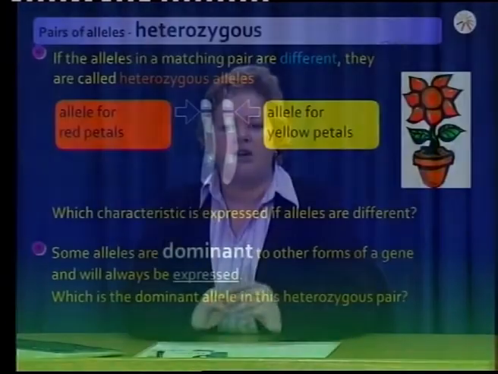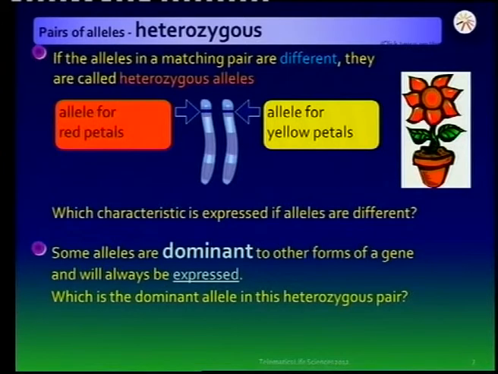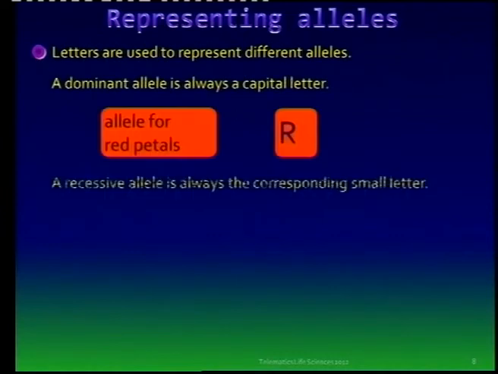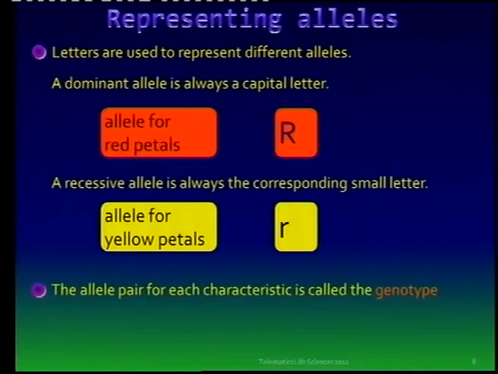But back to dominant and recessive: the characteristic visible in the phenotype in a heterozygous individual will be the dominant characteristic. In this case, the red petals. Right, as we said before, we use a capital letter when it is represented by a dominant allele and a corresponding small letter for the recessive allele.